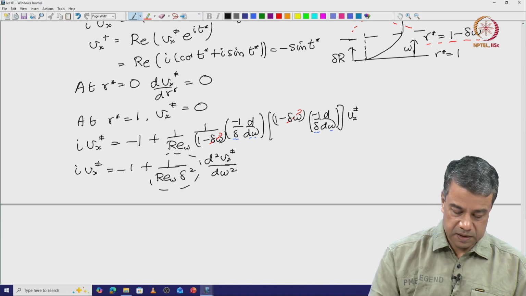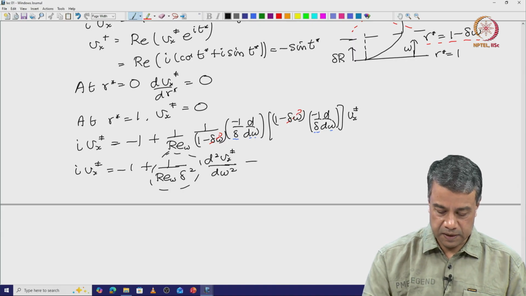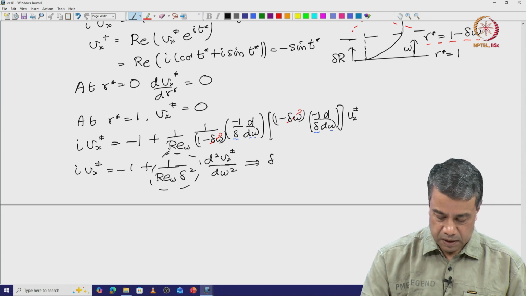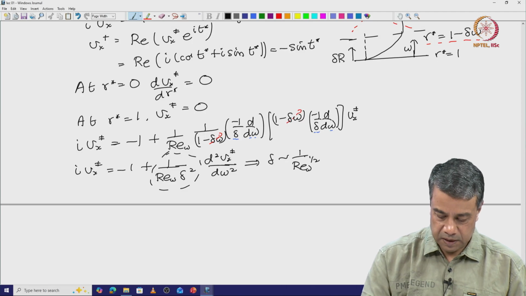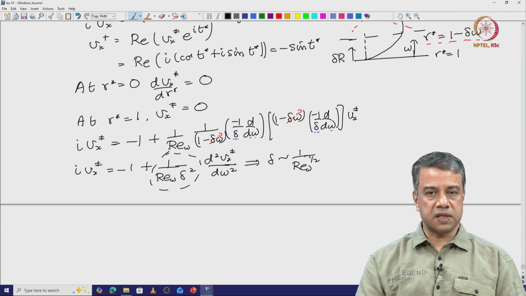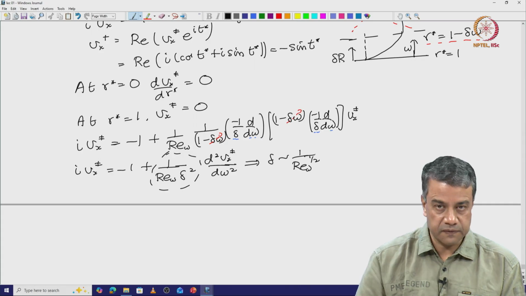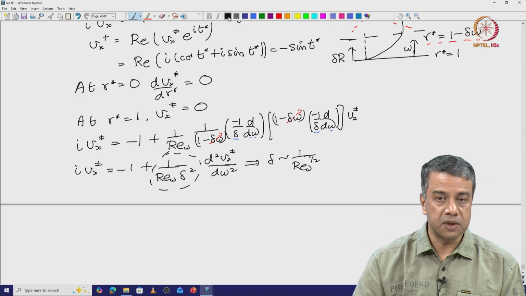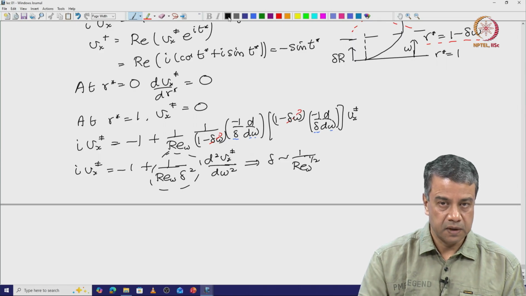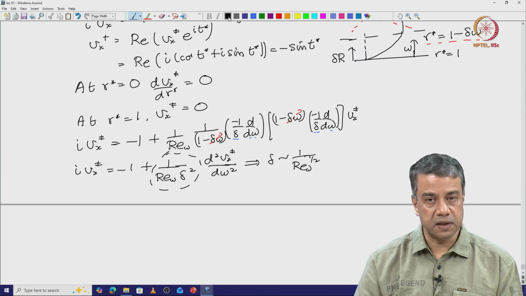That is when this is of order 1, or alternatively delta goes as 1 over Re omega power half. So, the thickness of this region goes as 1 over Re omega power half in the limit as Re omega goes to infinity. That is the region within which there is momentum diffusion, which is comparable to all the other terms in the equation.